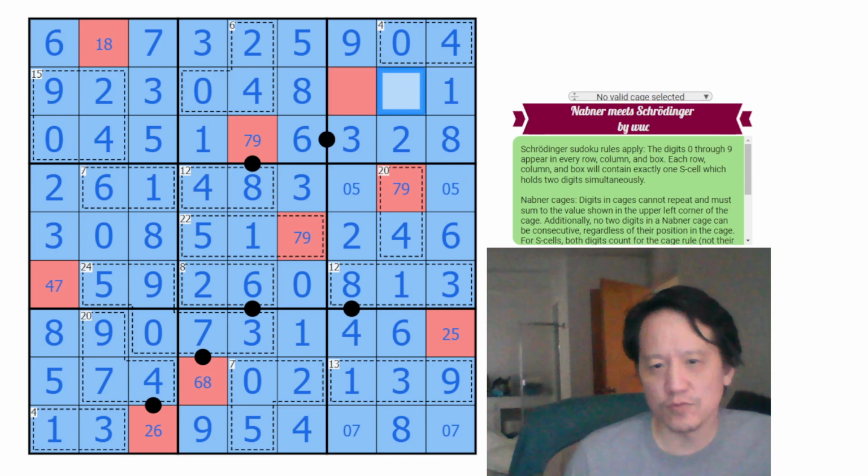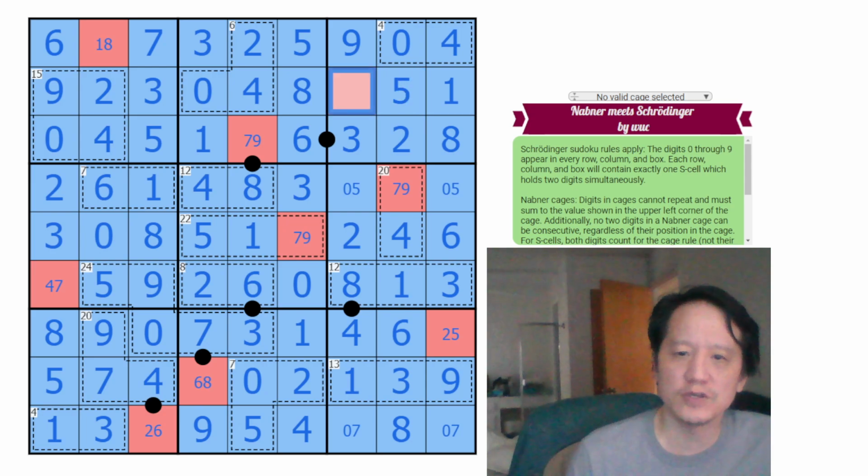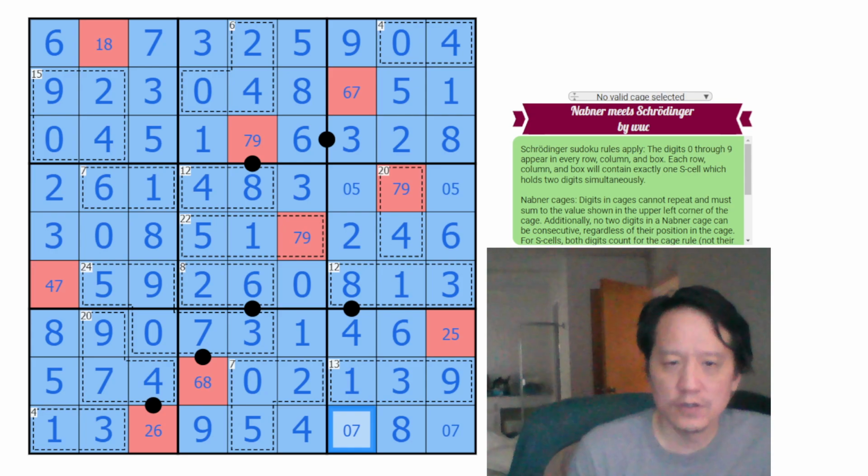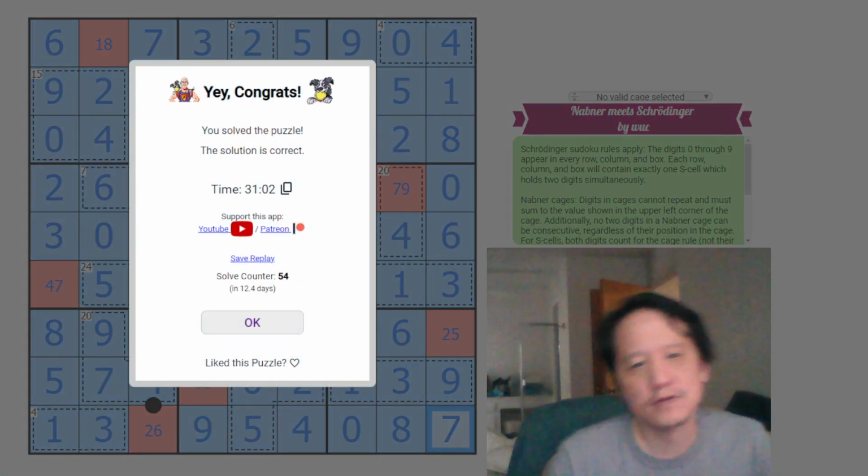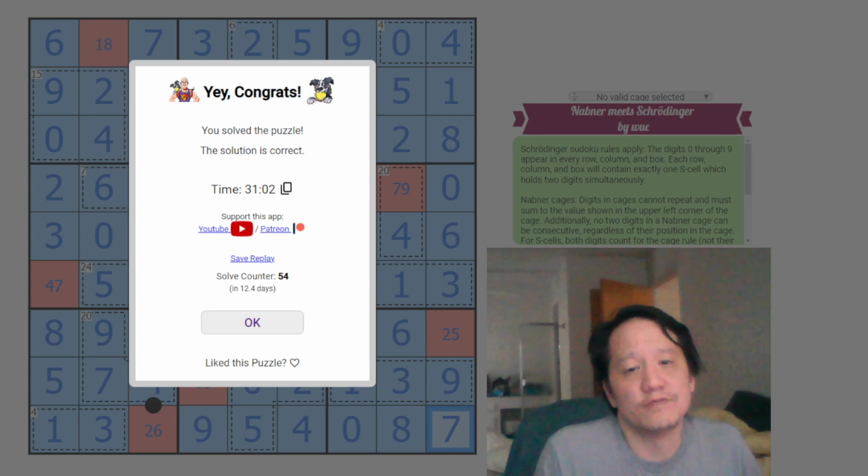And we have 1, 2, 3. This is 5. So this becomes 6 and 7, I believe. Which makes this 0. So this is 0, 5, 0. This is 7. And that's a solve.